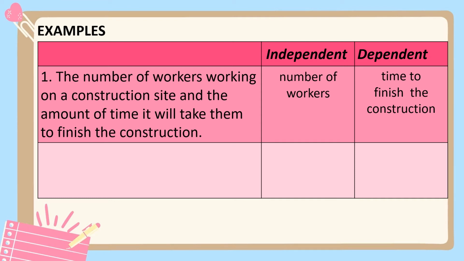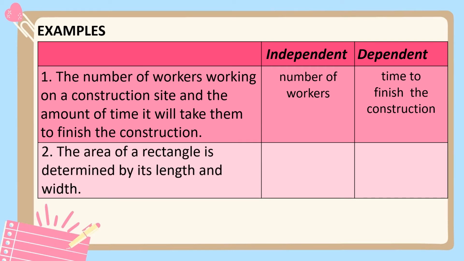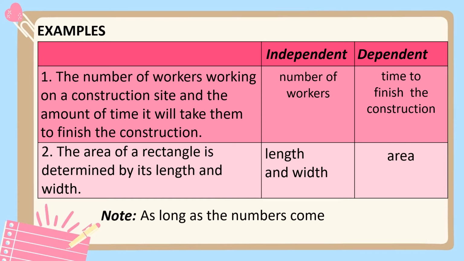Second example, the area of a rectangle is determined by its length and width. The independent variables are length and width, and the dependent variable is the area. Take note that as long as the numbers come in pairs, then that becomes a relation.